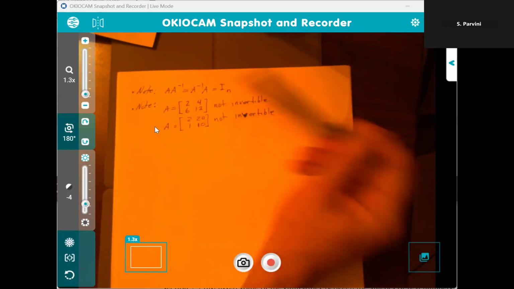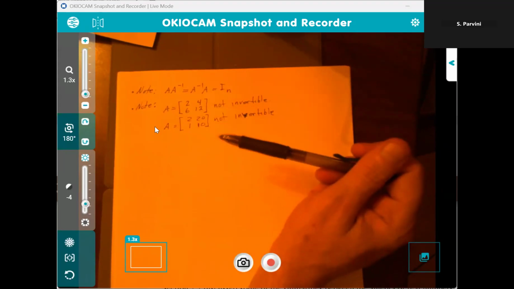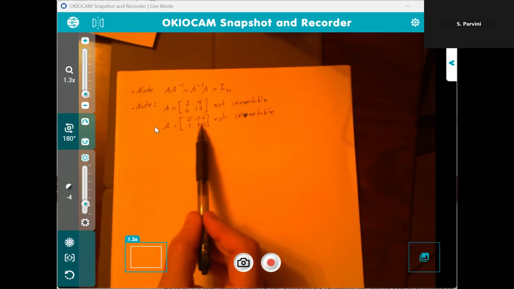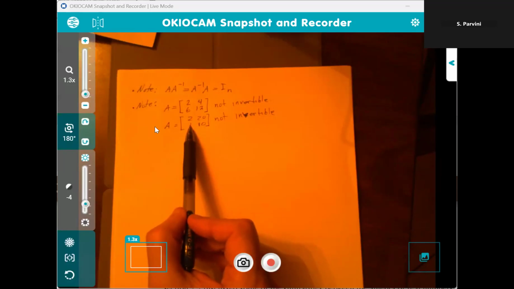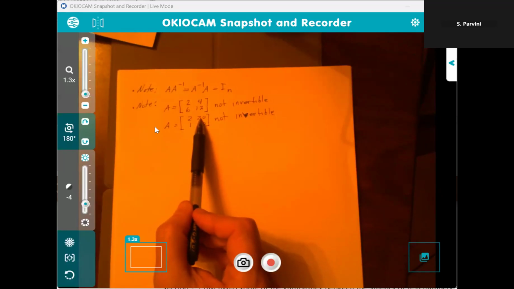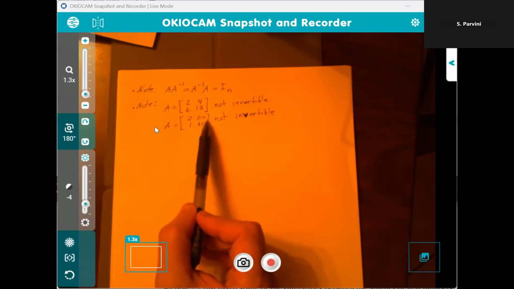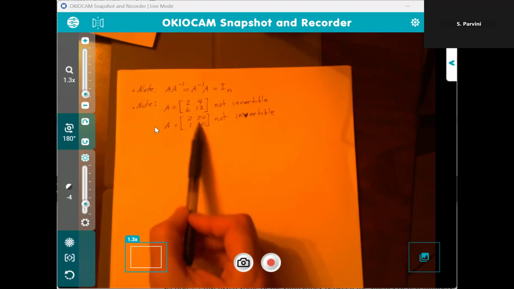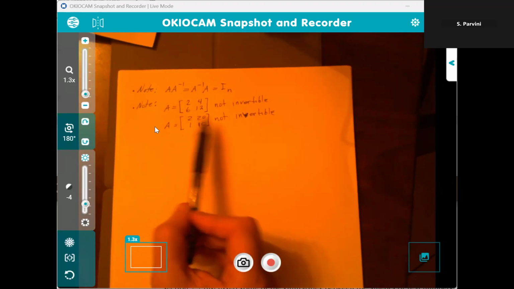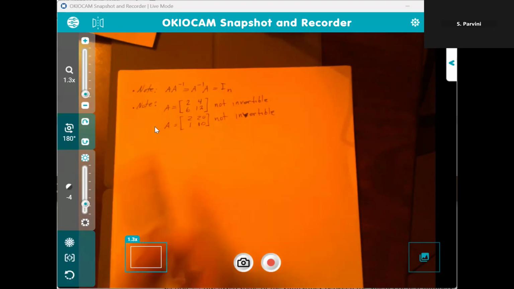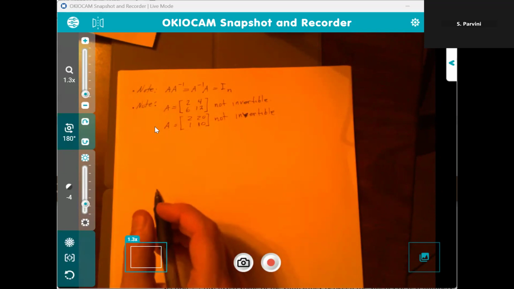So I know that's not going to be invertible. For this one, I have 2, 1. I multiplied 2 times 10, got 20, 1 times 10 got 10. So this column is ten times this one. Again, this is not going to be invertible. Both of these matrices are not invertible.